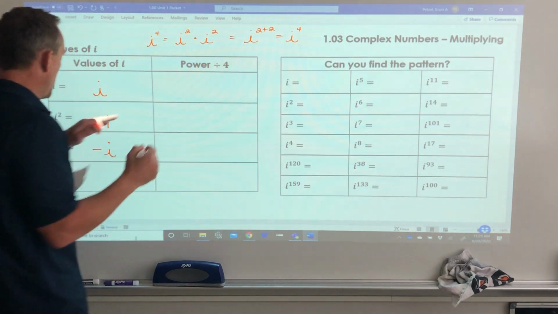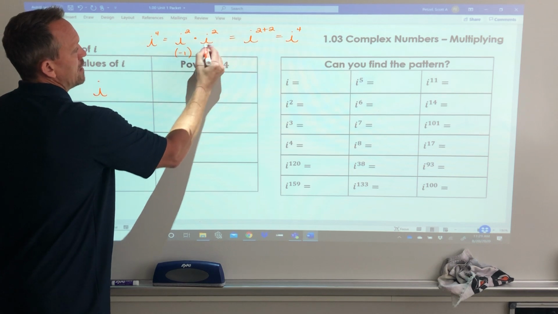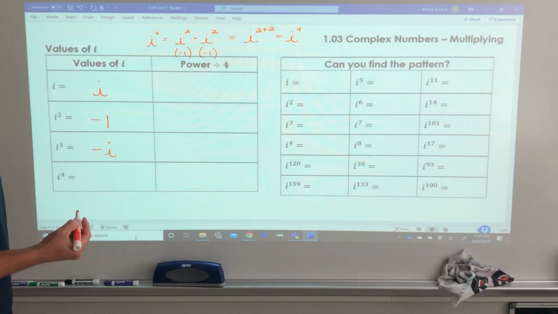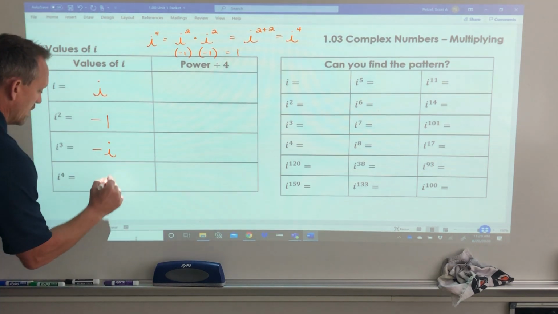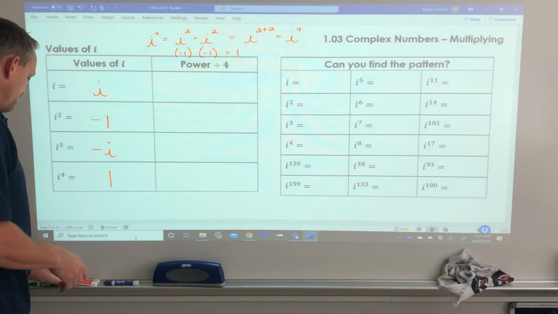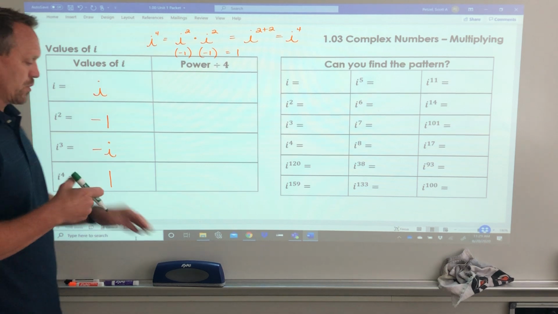So i squared, we know, is -1. I squared is -1. What is -1 times -1? It is 1.